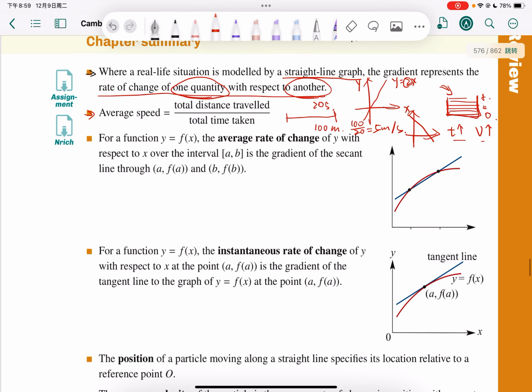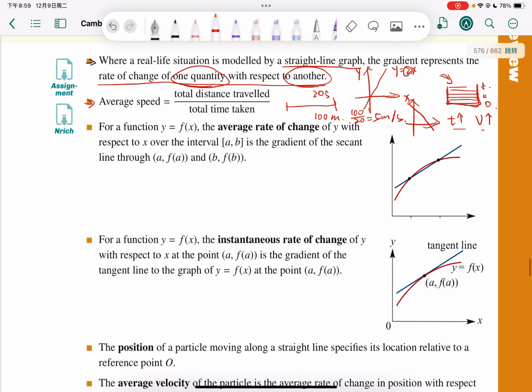And so we're talking about speed, not velocity. Speed is a quantitative number, and velocity is with direction, so it's a vector. Speed is not a vector, because it does not have direction. It does not specify which direction you're running.